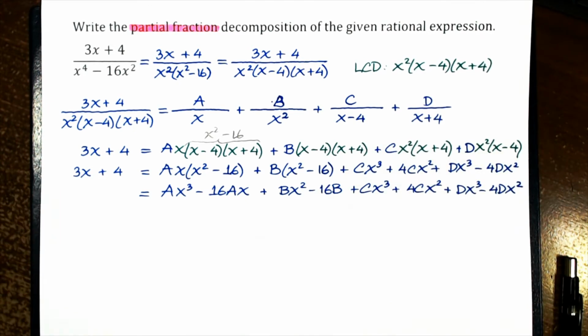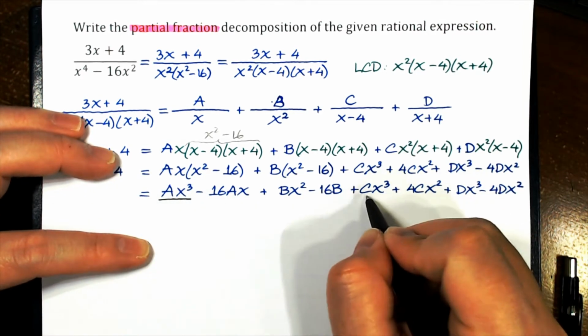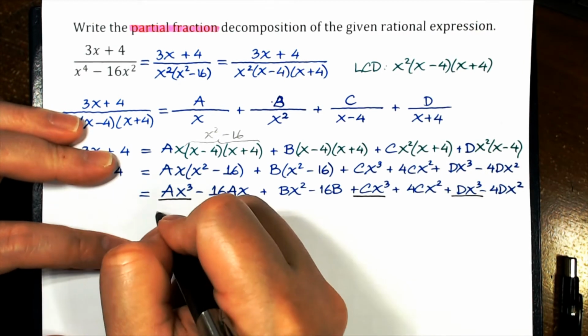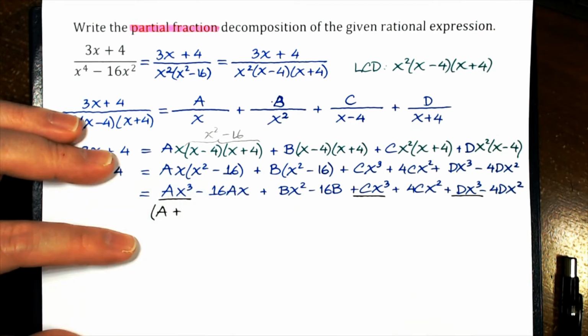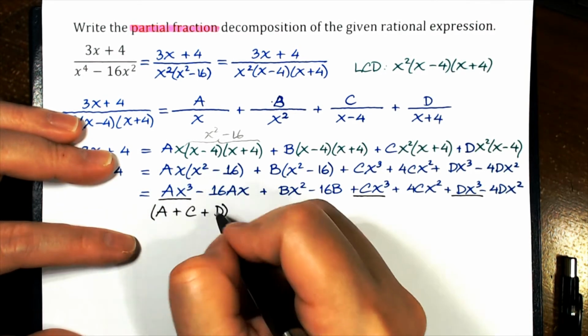Now combine like terms. For the cubes, we have those terms, and we factor out x cubed, so we have a plus c plus d times x cubed.